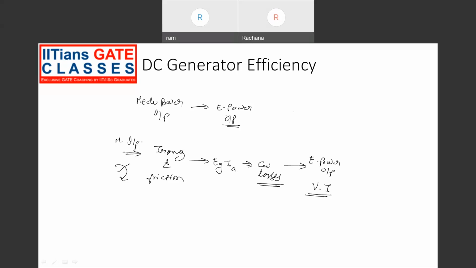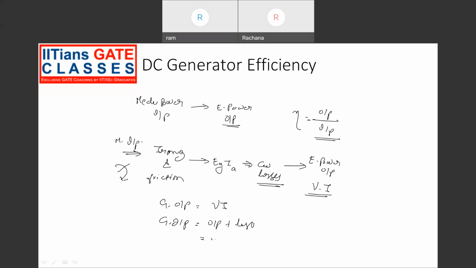So the efficiency is generally defined as output by input. Here the generator output equals V into I, and the generator input equals output plus losses.